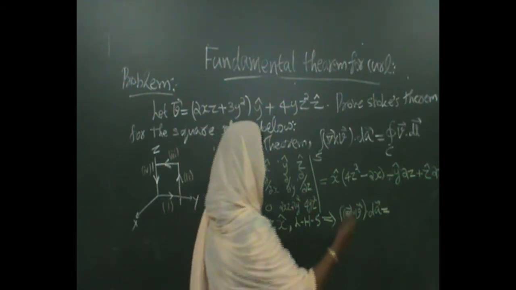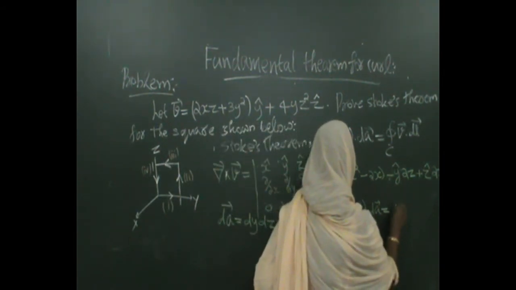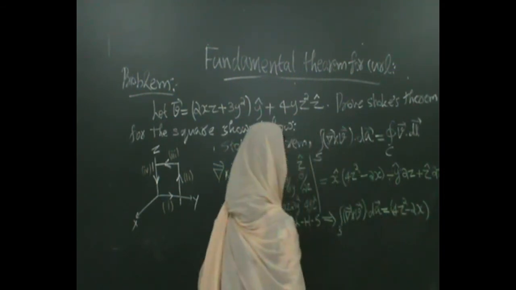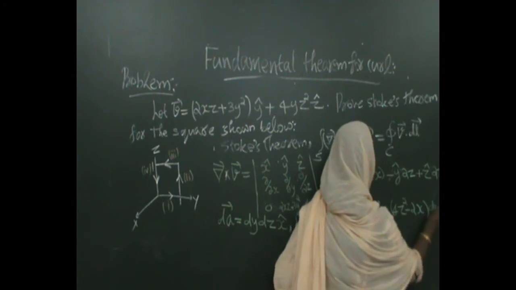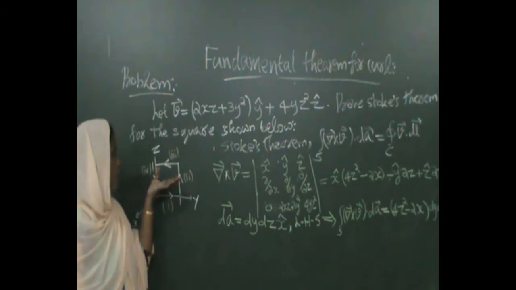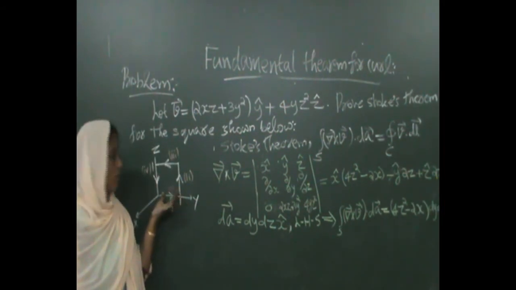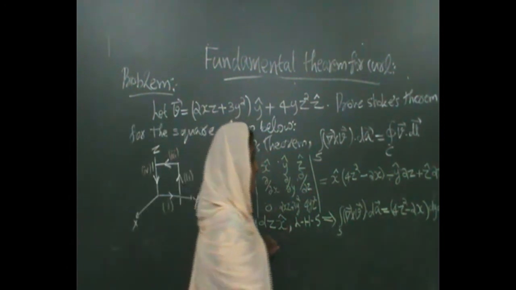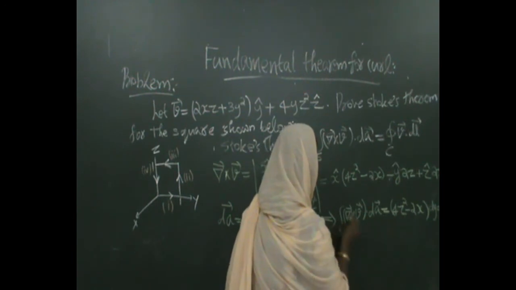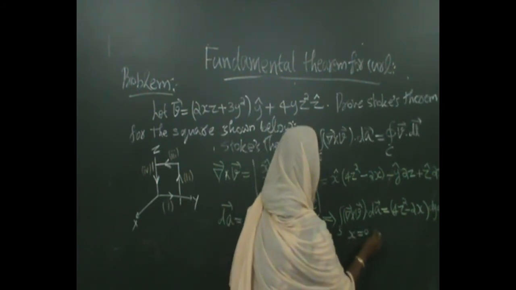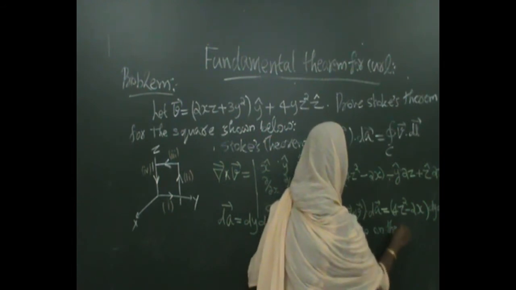You get 4z² minus 2x, times dy dz. This surface lies on the yz plane at x equal to 0, so on this surface x is equal to 0.